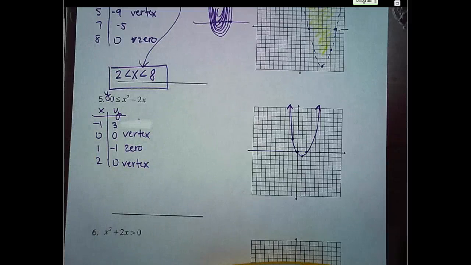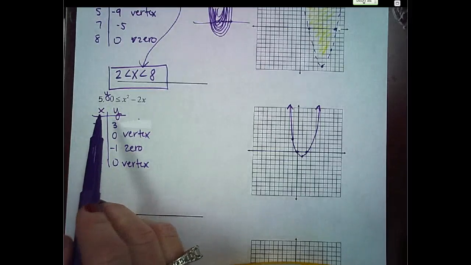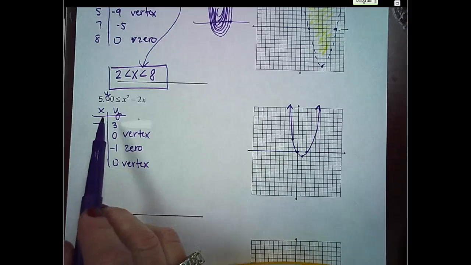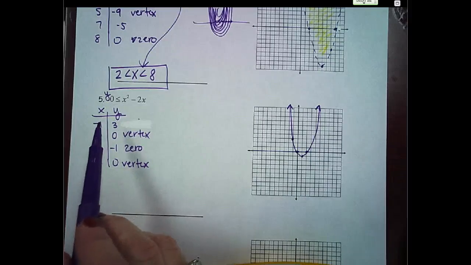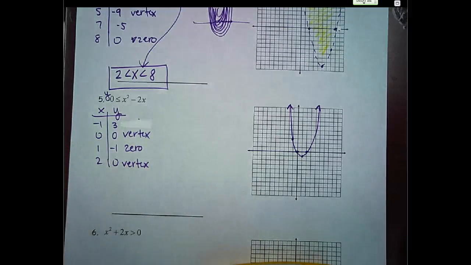Guys, the reason it changes on the front page where it says y and this says 0, it's because if you're trying to solve a quadratic, we set it equal to 0, right? We want to know when the quadratics are equal to 0. So that's the reason that these are solved. They have 0 there. So if y is less than, we're going to jump what? Down. So you're going to shade here.